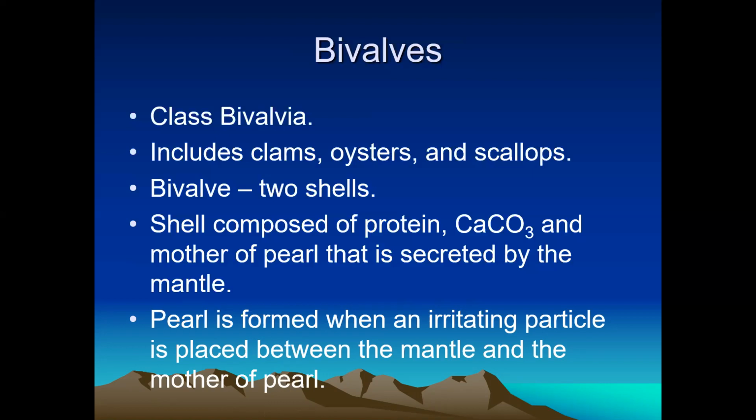It creates a smooth layer to smooth out the roughness of the sand particle, for example. But there's still a bump there that's not supposed to be there. So the oyster secretes more mucus to cover that, and it just gets bigger and bigger with the different layers of mother of pearl secreted on top of it.